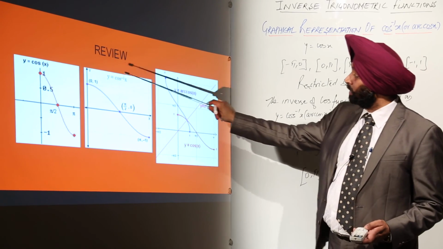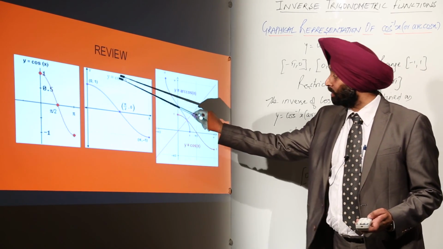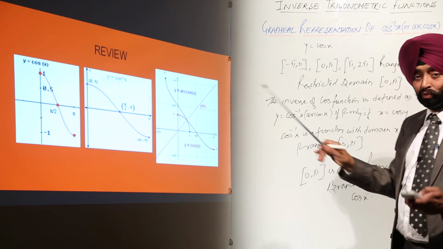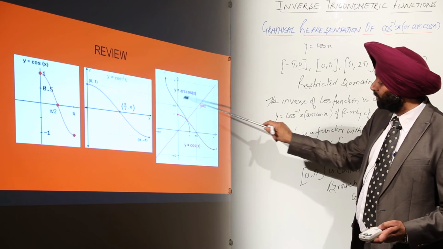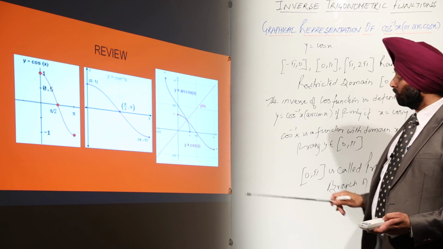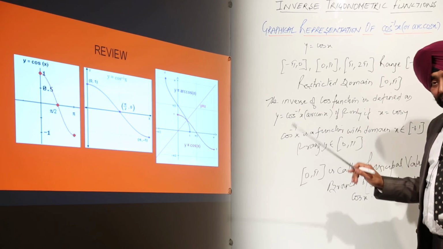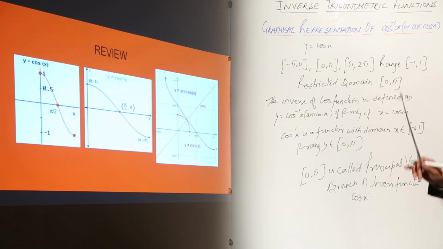Then only we can say, if it is y is equal to cos x, then we can write y is equal to cos inverse x when axes were changed. So this is the mirror image. This was a small recap, and now remember that principal value is 0 comma pi, with cos inverse x having domain -1 to 1 and range 0 to pi.